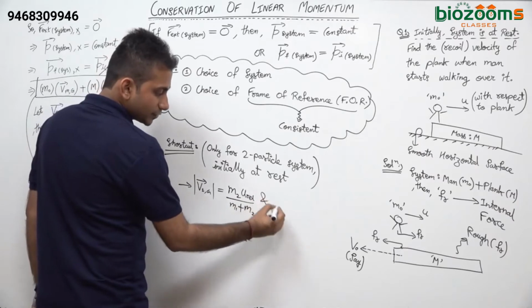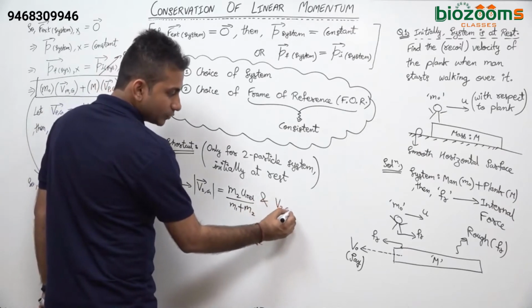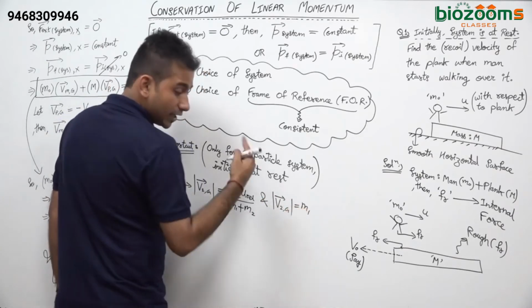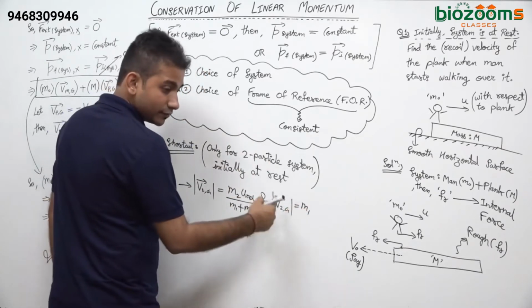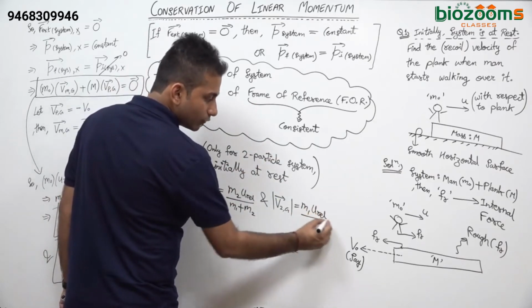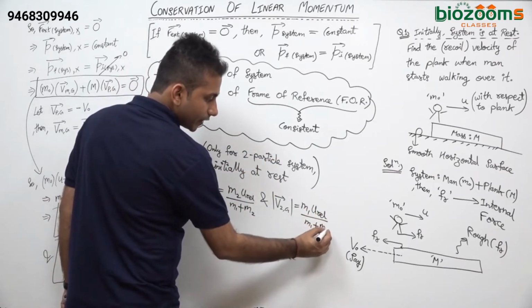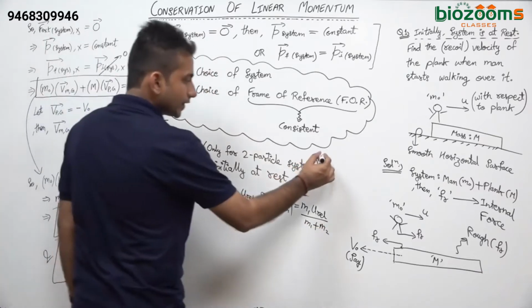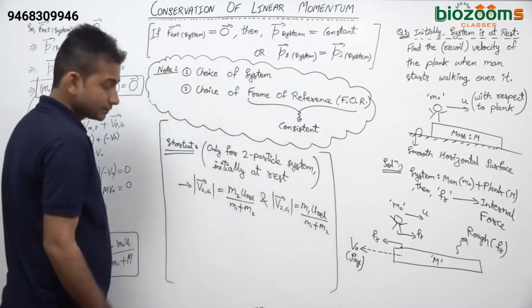In similar fashion, the velocity of 2 with respect to ground will be given, in magnitude, by m1 into u relative over m1 plus m2. Is it fine? The shortcut?